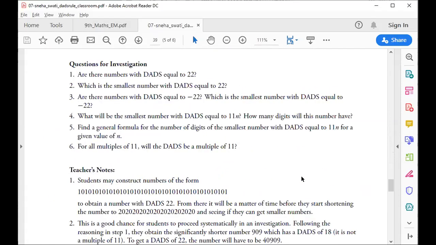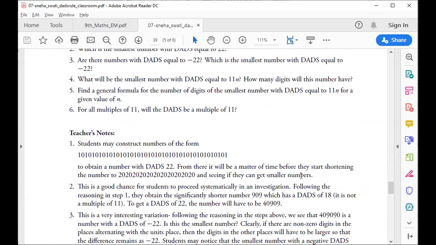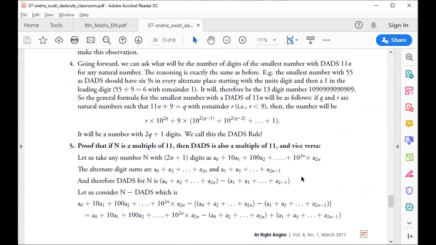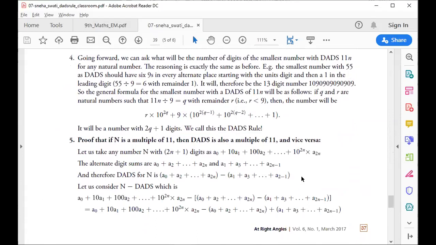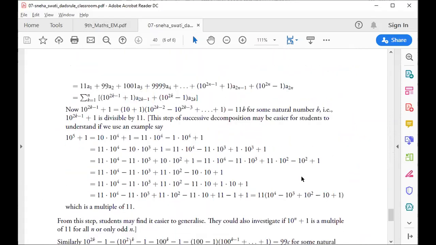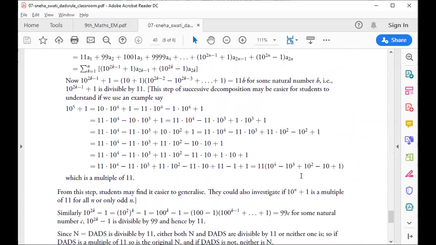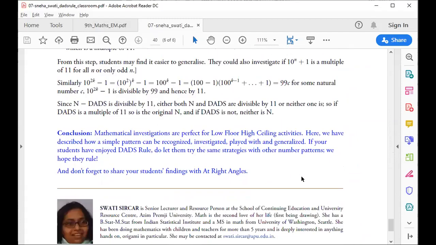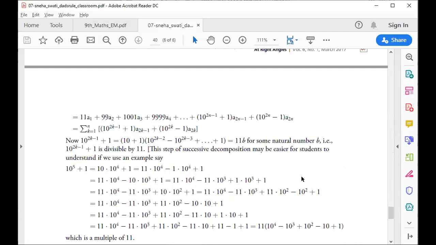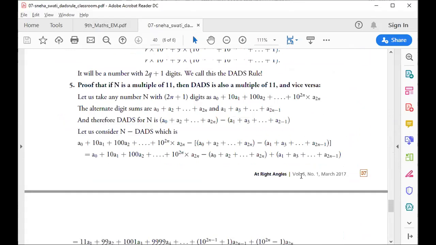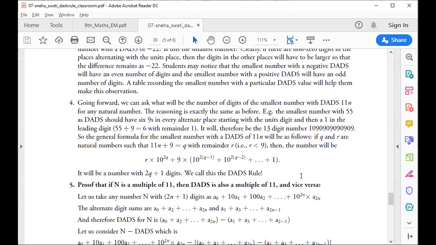But what is important is how does it work? There are two ways of looking at this. One way will be if I don't go through a pure algebraic part.